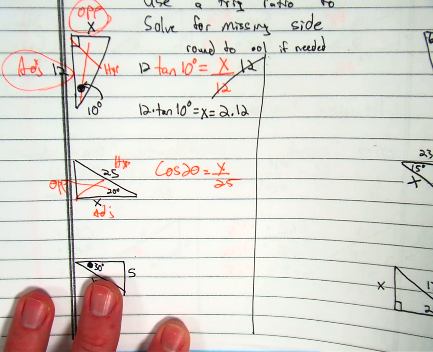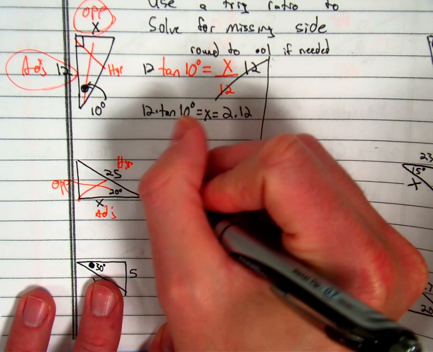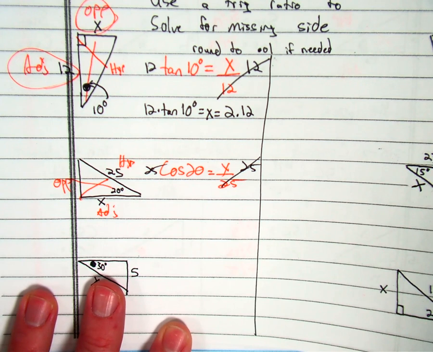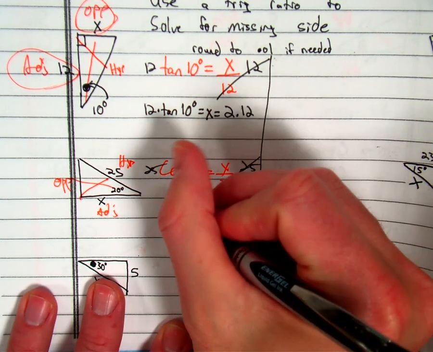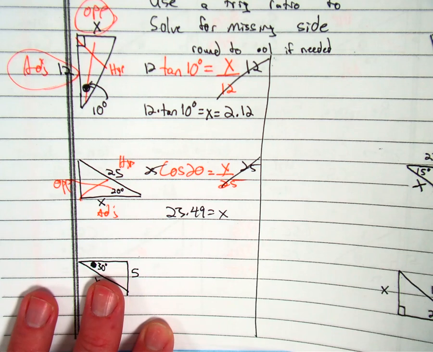Adjacent over hypotenuse. Okay, 25 times cosine of 20. 23.49 for x.